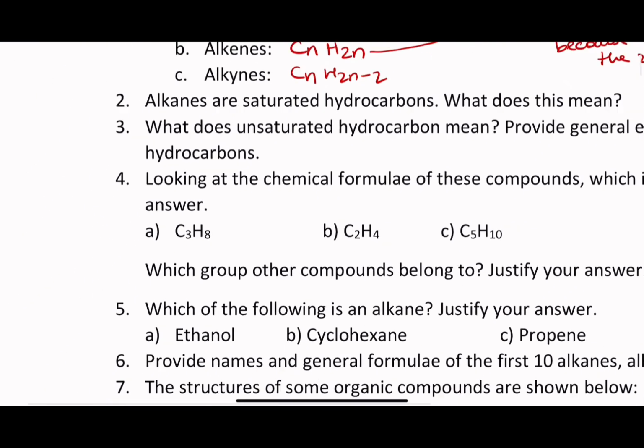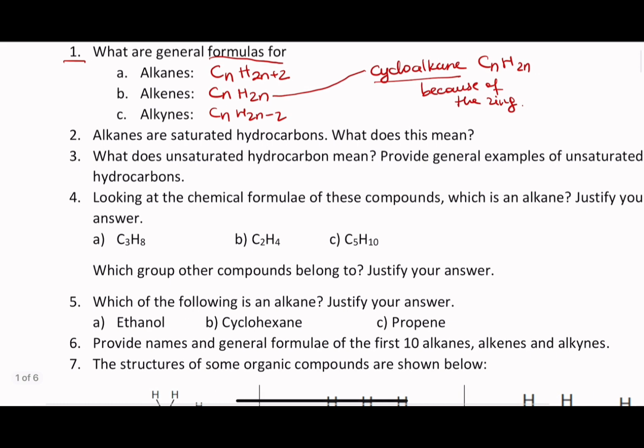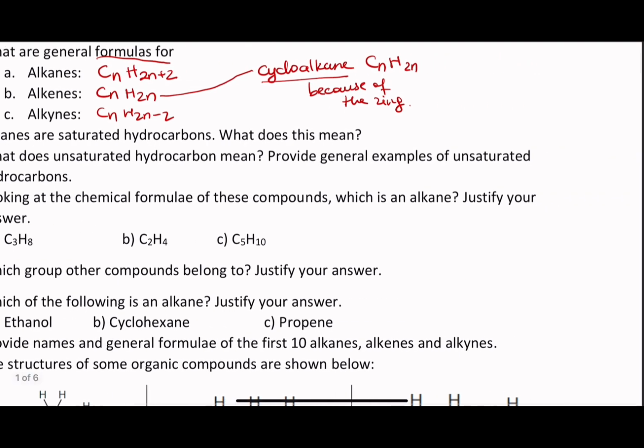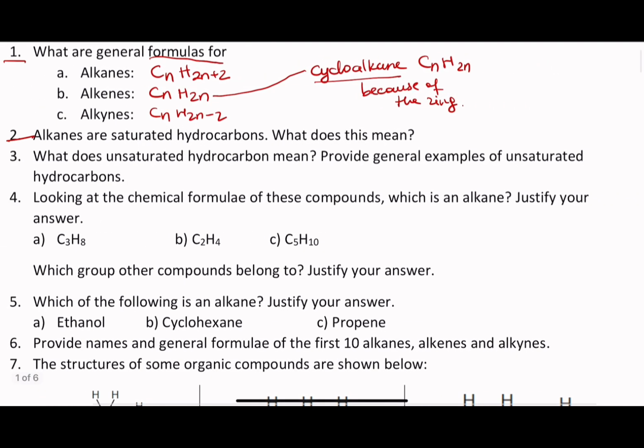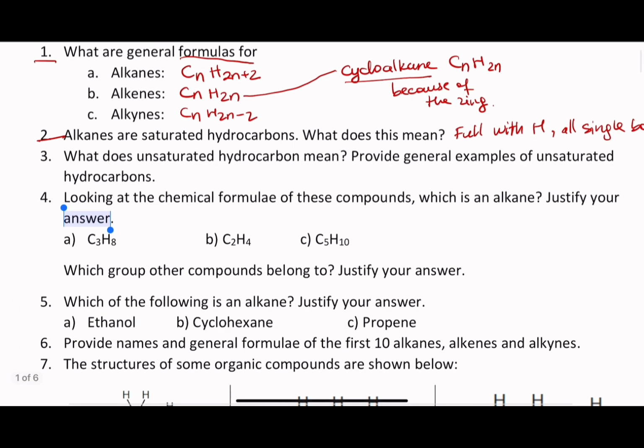Okay, so now alkanes are saturated hydrocarbons. What does this mean? It means full of hydrogens, all single bonds. That's what it means. And what does unsaturated hydrocarbon mean?